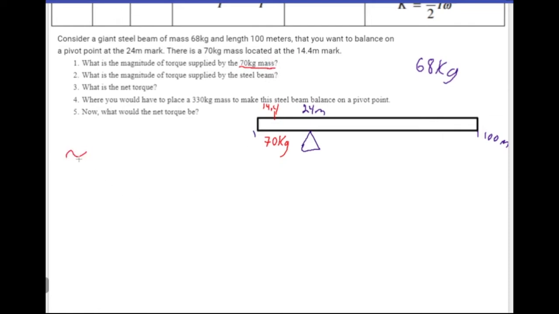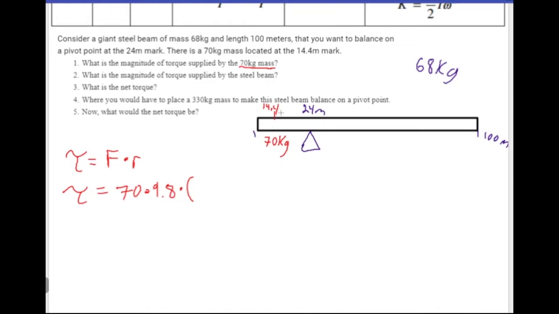So let's start off with that. We know that torque is equal to force times the distance from the pivot point. The force in this case is force gravity because this mass is pulling down on the beam. So I would have torque is equal to force gravity, which is mass times gravity times r. So something that people keep forgetting is that r does not mean the radius.